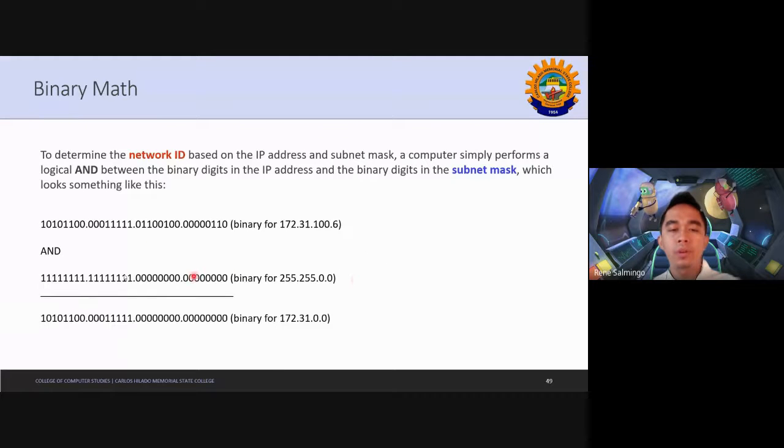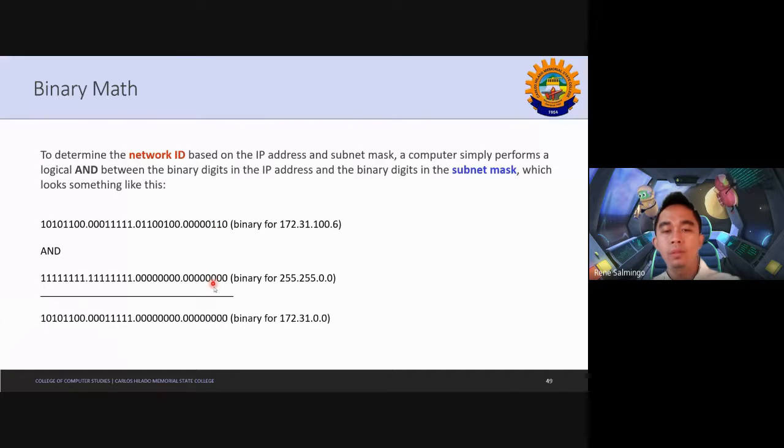Now, if you're going to refer to your subnet mask, if you have one on all of your bits, you have 8 bits, all of it will be ones. And how do you perform the necessary binary math on this? You will use AND to check your network ID and compare the values. If you have 0 and 0, that would be 0. 1 and 0, that is 0.